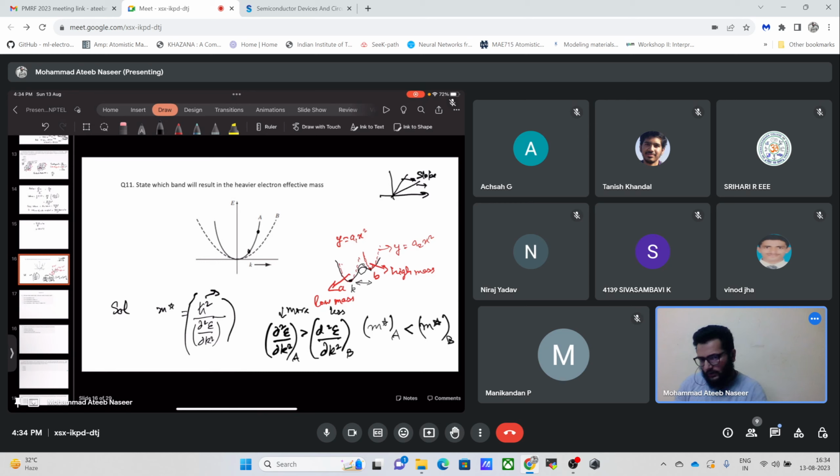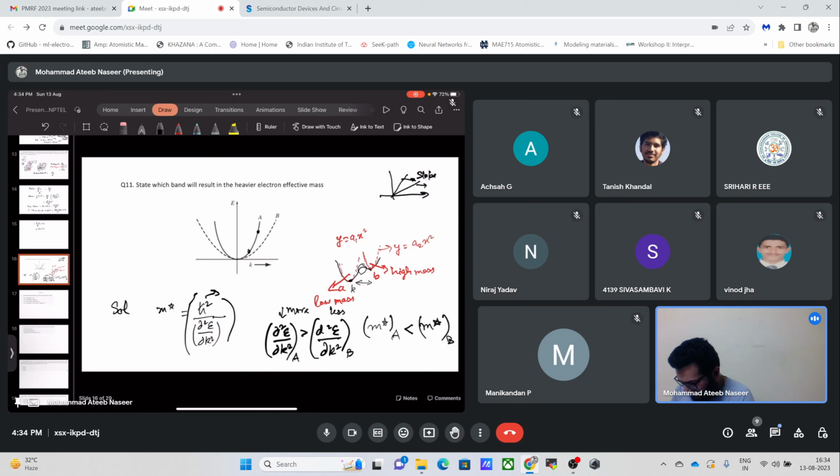So whenever we see curves like these, we can easily say that the material with steeper curvature has less effective mass, and the material with flatter band structure has more effective mass. But one should remember that these things only hold true when we are considering the parabolic band approximation.